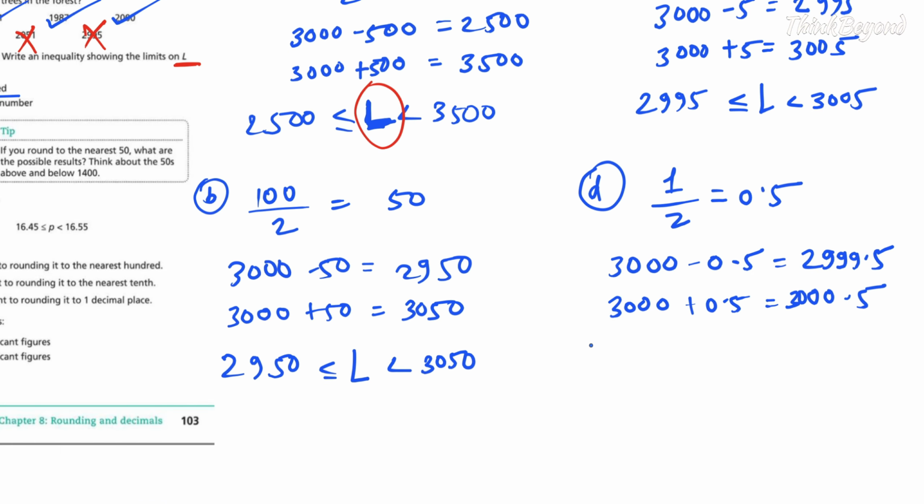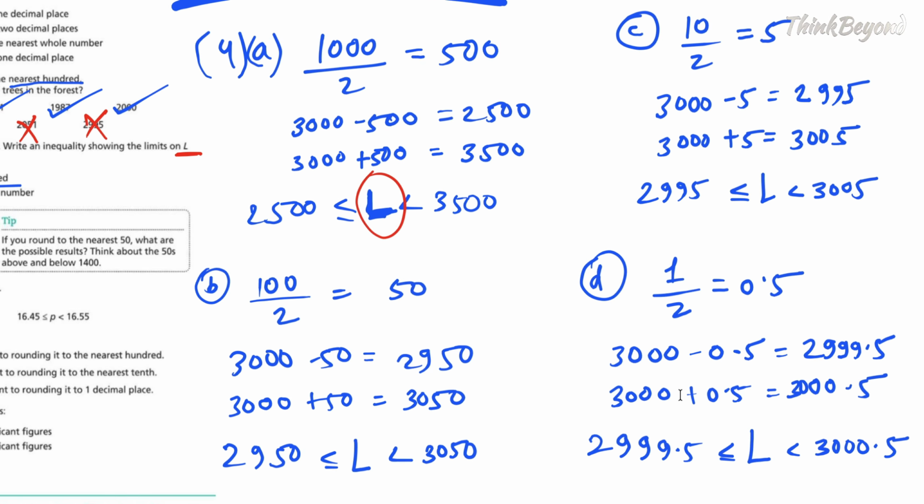So the inequality will be 2999.5 is less than or equal to L, which is less than 3000.5. If you want to note down the solution, you can note it down by pausing the video.